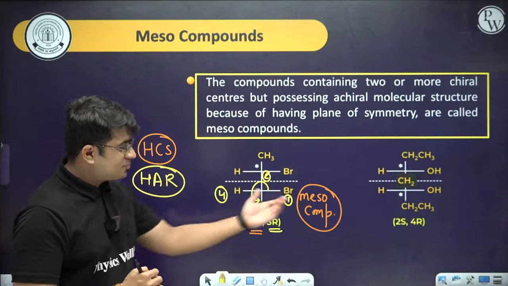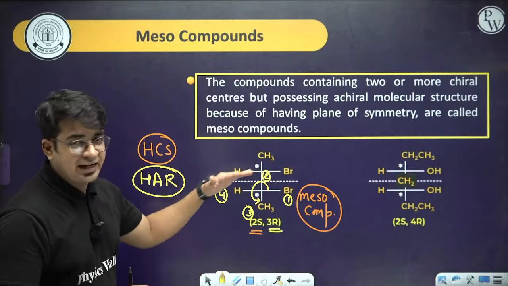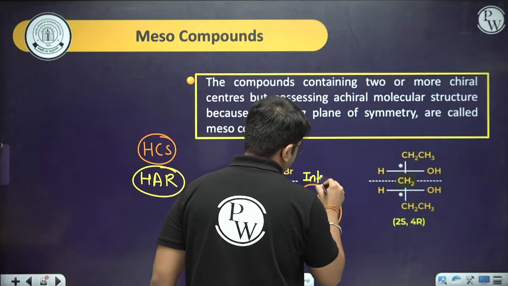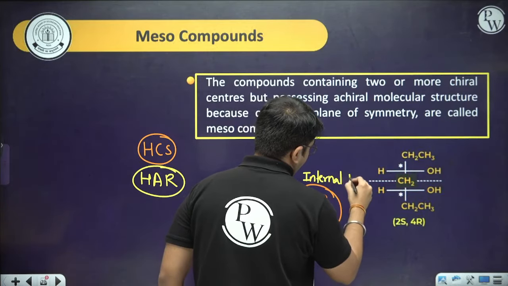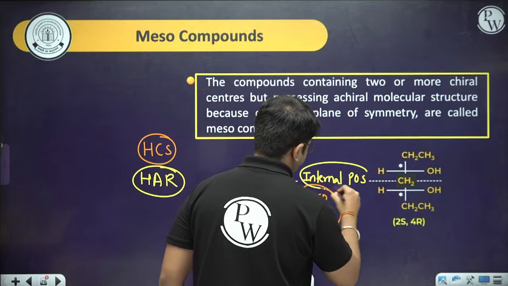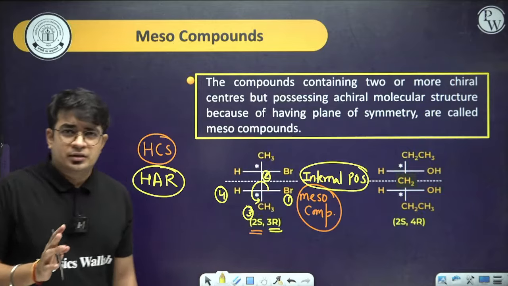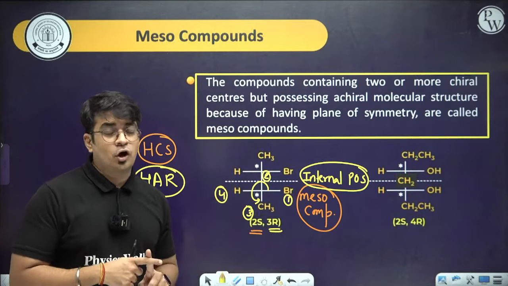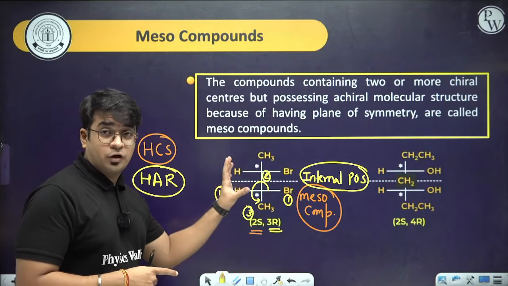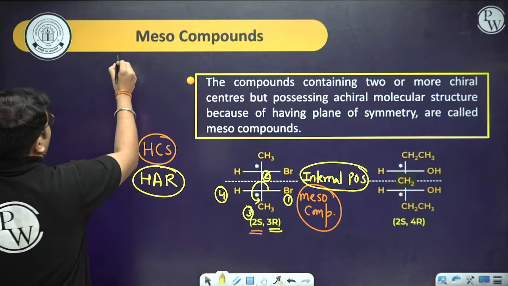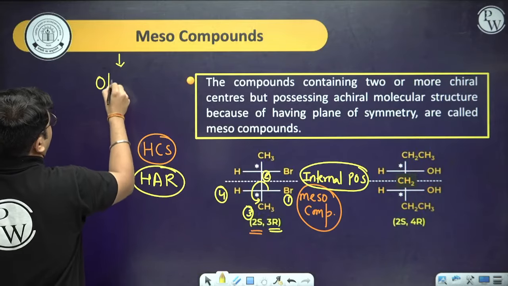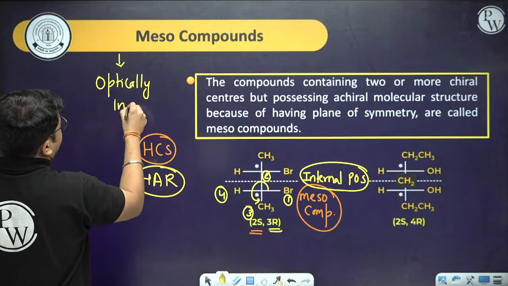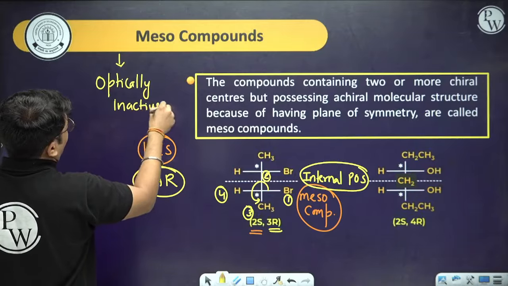Okay. So this compound is a meso compound because it has an internal plane of symmetry. You might ask one question: sir, it has two chiral centers, is it optically active or optically inactive? First of all, meso compounds are optically inactive.